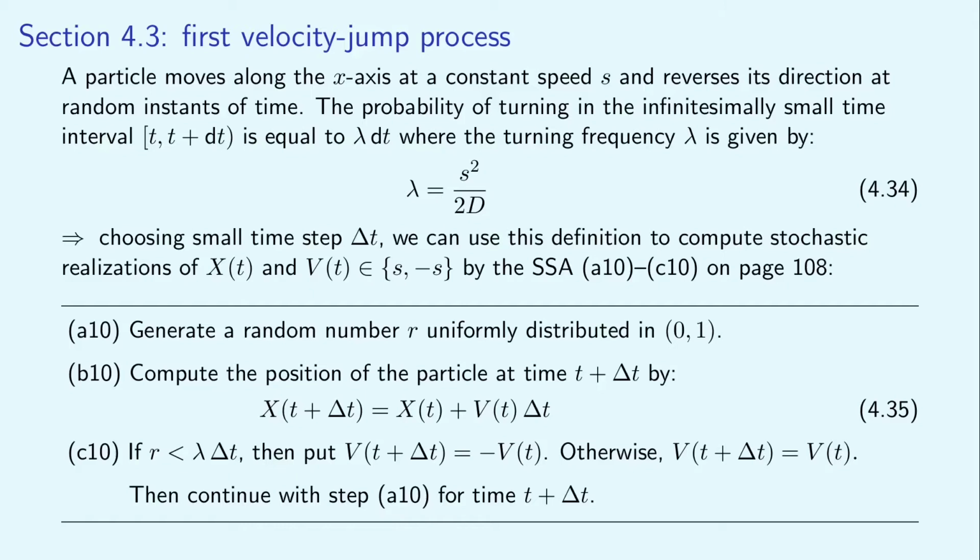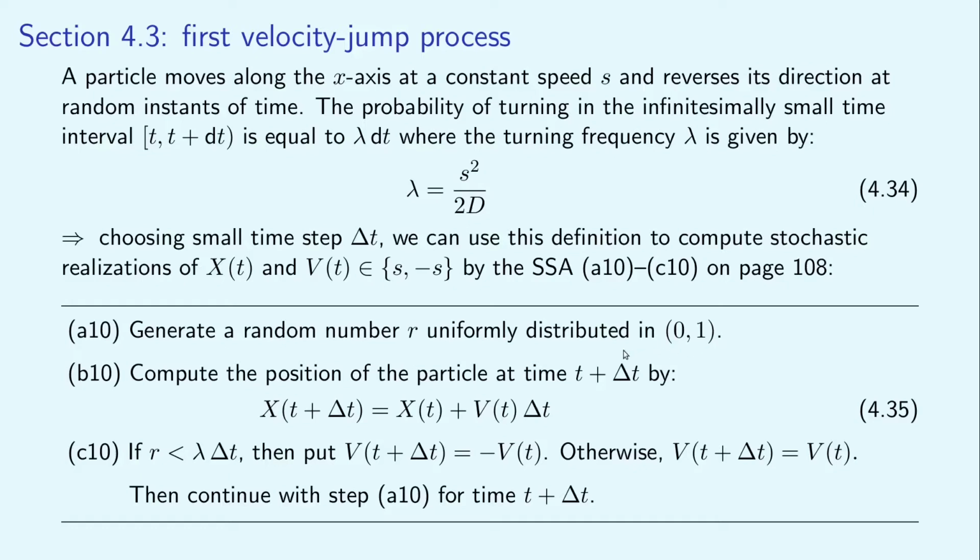Having introduced our velocity jump process using an infinitesimally small time step dt, we can immediately design a stochastic simulation algorithm to simulate it by replacing dt with a finite small time step delta t. The algorithm is given as the SSA A10-C10 on page 108. First, we generate a random number r uniformly distributed in interval (0, 1).